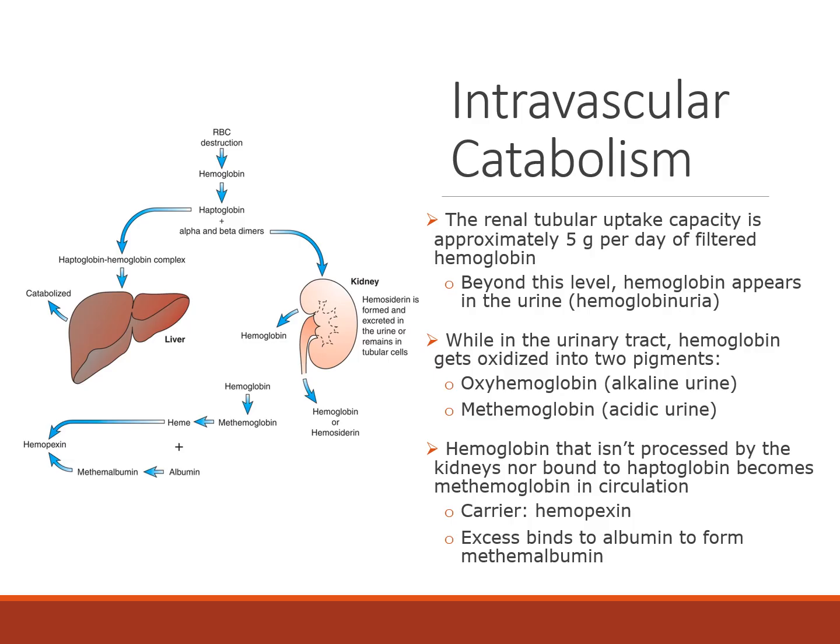I don't expect you to know every single detail or the biochemical mechanisms that are occurring, but I would like you to know what hemoglobinuria is, what happens when all of our haptoglobin is bound up, what the carrier for the hemoglobin in circulation is once our haptoglobin is bound up. All right, so that's it. This isn't so important to memorize, but it is important for your FYI.